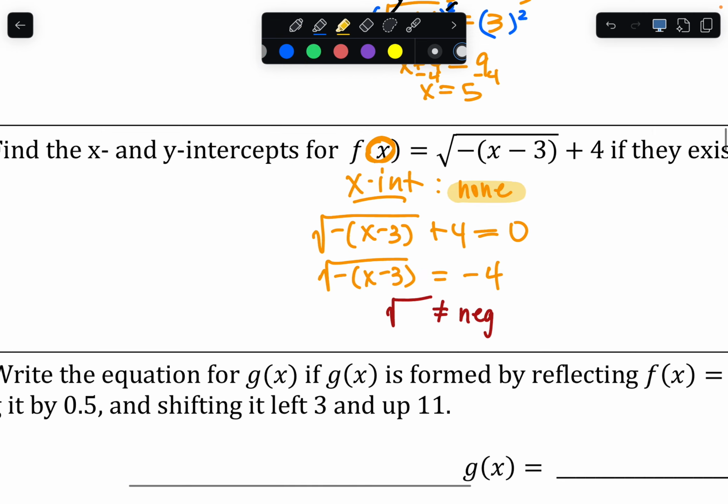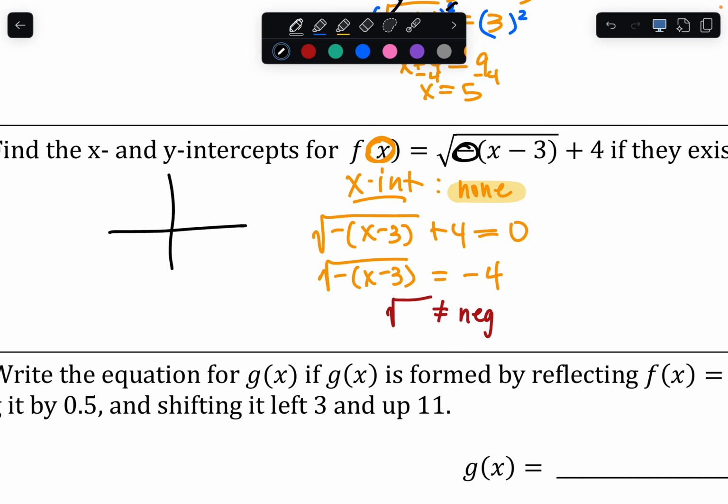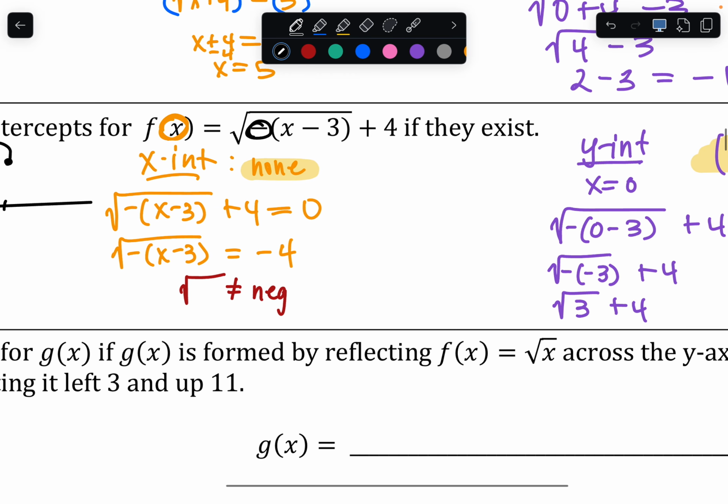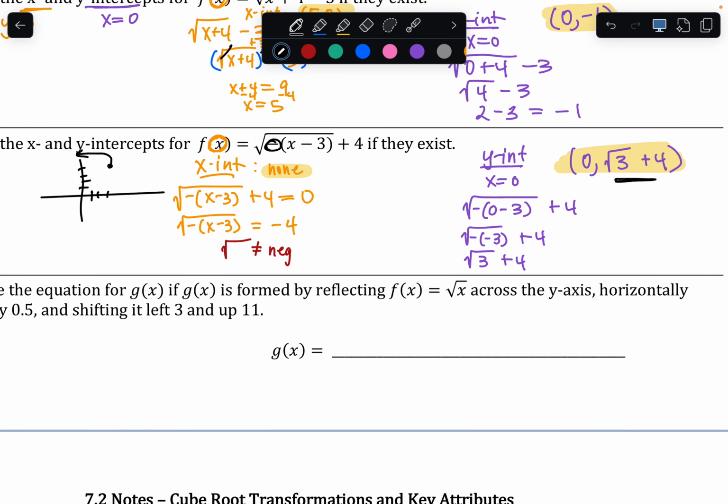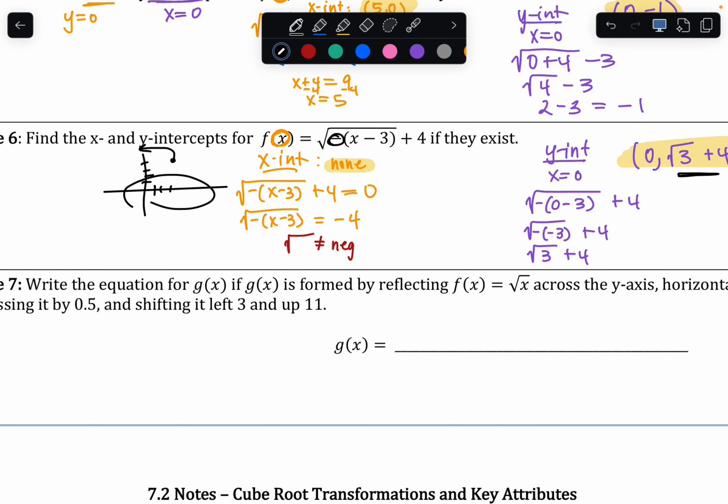Okay, and if you think about how this graph would look, just looking at our transformations, we have a reflection over the y, and it's moved right 3 up 4. And so my starting point, right 3 up 4, and then reflected across the y, it's going to hit the y-axis at this value, but it's never going to hit the x-axis.